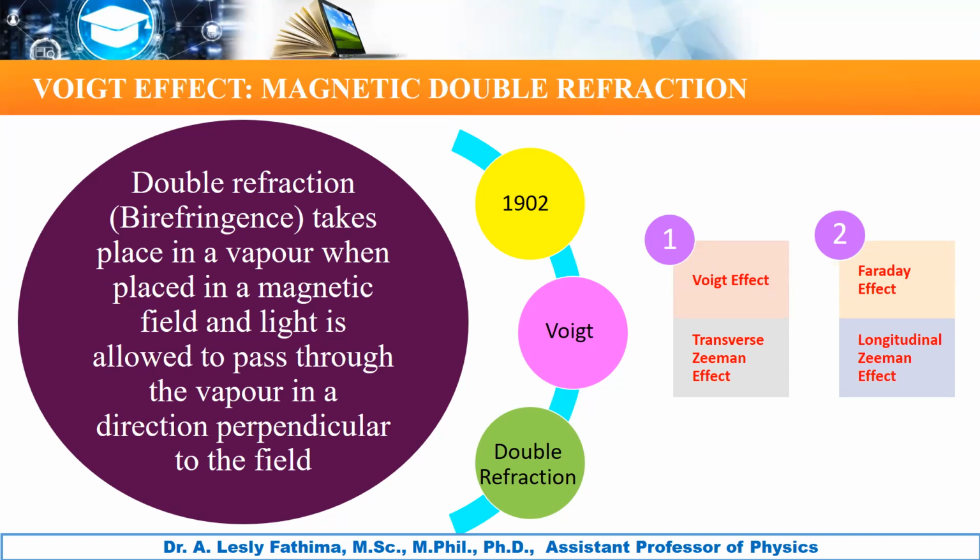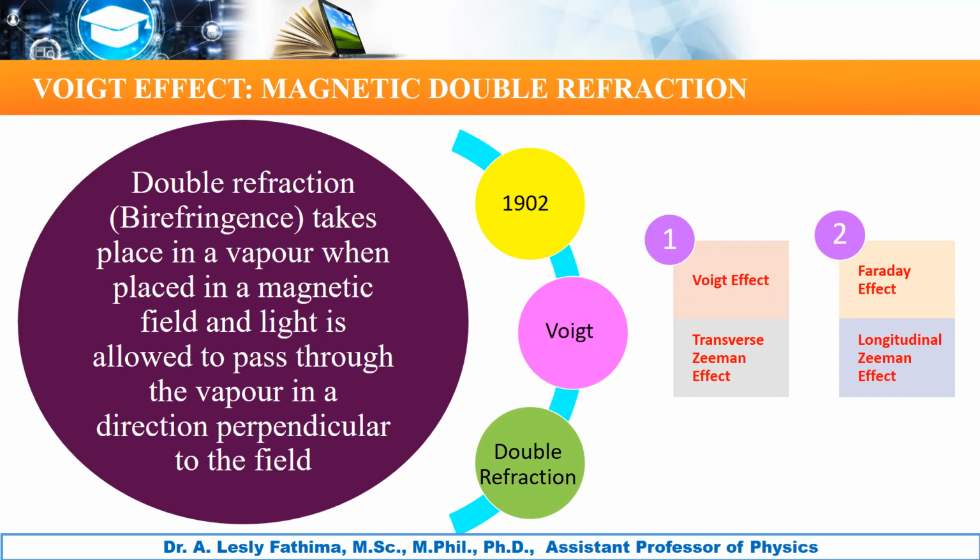That is very important. This is known as the Voigt effect, or the other name is magnetic double refraction.